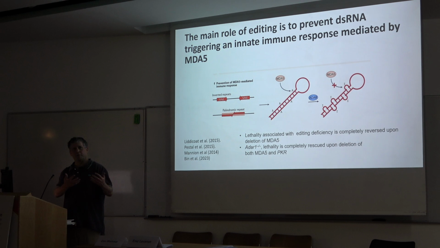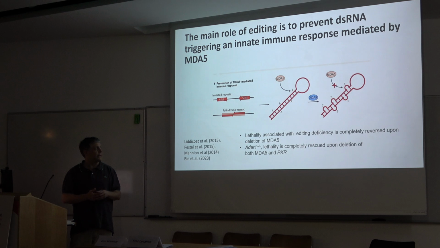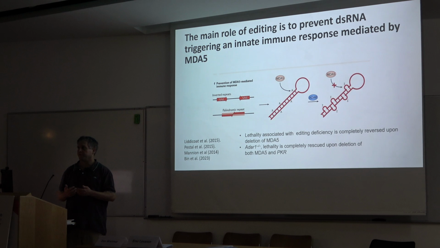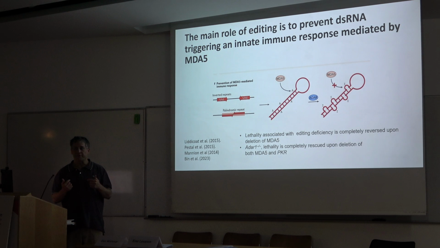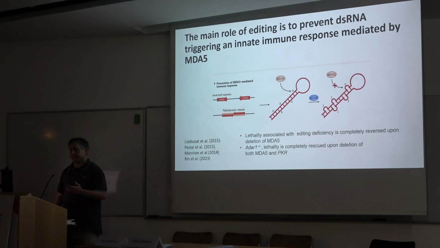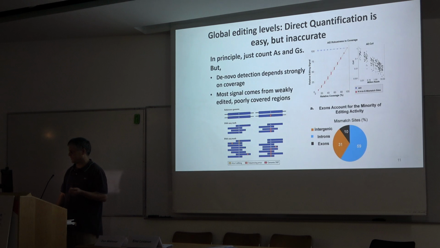This is how the cell recognizes self against viruses. And indeed, while ADAR knockout is lethal, ADAR knockout together with MDA5 knockout can live happily. So this is something that we understand. It's very important for the elimination of false activation of the immune system.